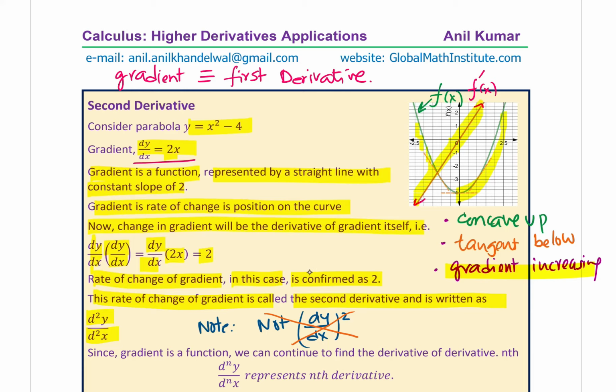Okay. Now since gradient is a function, we can continue to find derivatives of derivative. You could actually have dny over dxn. You can differentiate a function many times.